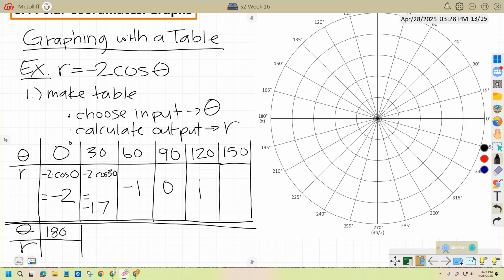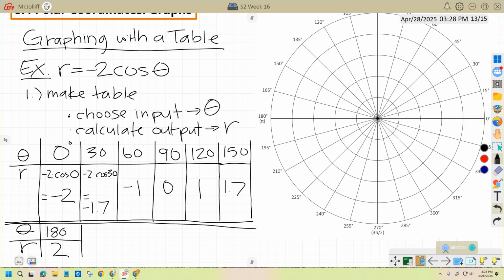Positive 1. Very good. Daniel, what did you get for theta is 150? 1.7. Very good. Nati, what did you get for theta is 180? 2. Perfect. That's exactly what I got on my calculator.